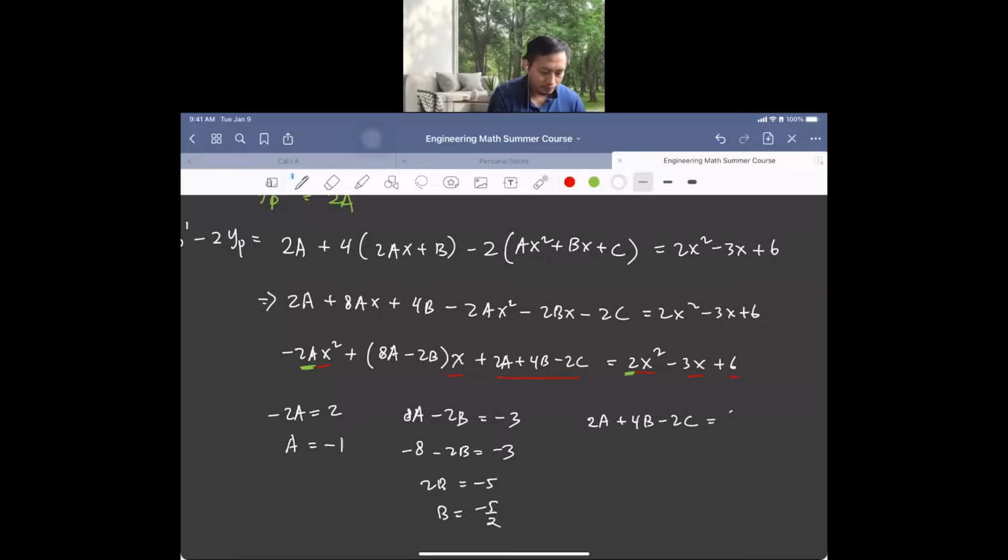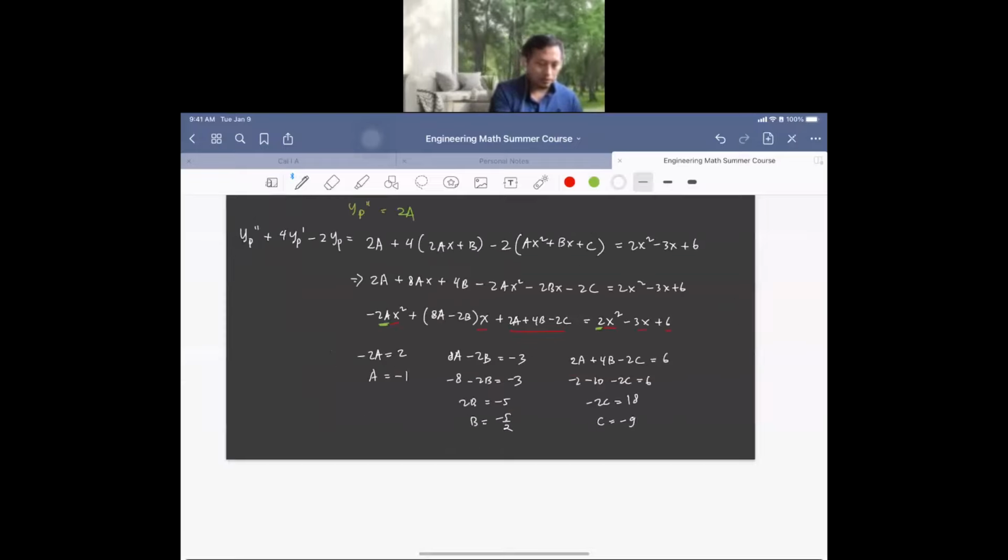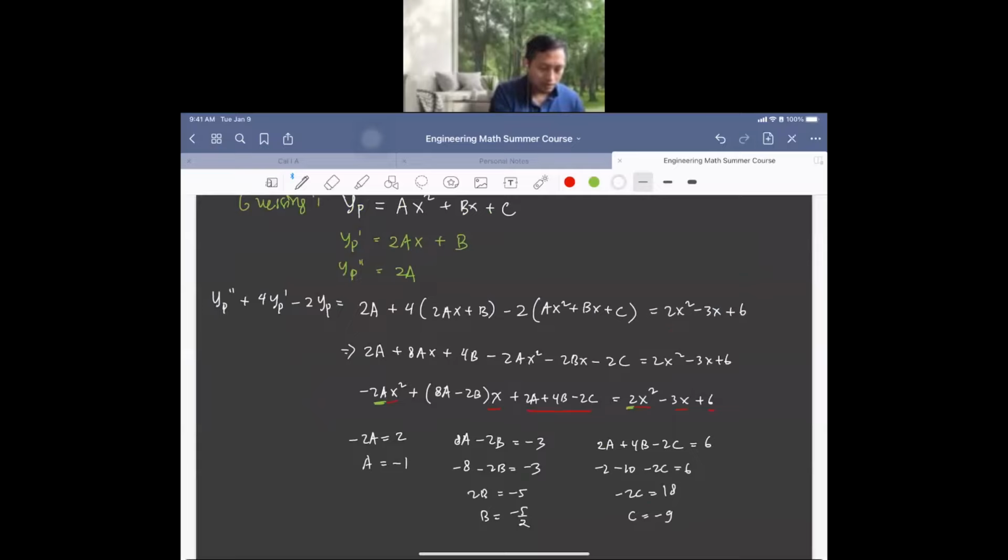And 2a plus 4b minus 2c is 6. So negative 2, then 4 times negative 5 over 2 is negative 10, minus 2c is 6. That is negative 12 minus 2c equals 6, so negative 2c is 18, and c is negative 9.